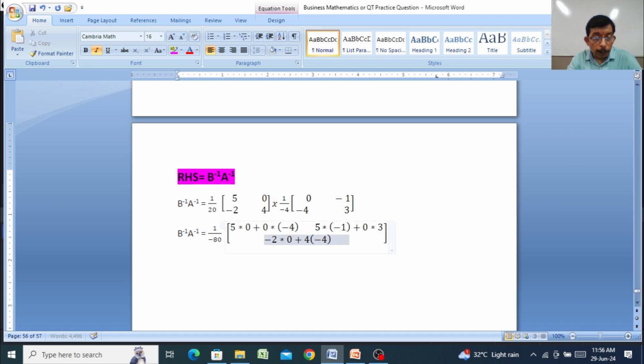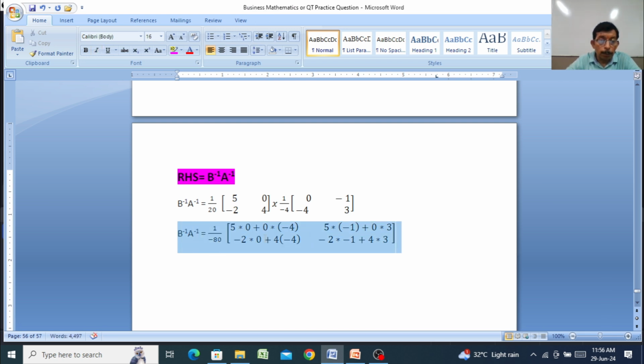Then taking the sign plus, the second row multiplied by the second column: minus 2 multiplied by minus 1 plus 4 multiplied by 3. The second row, second column multiplication is complete.